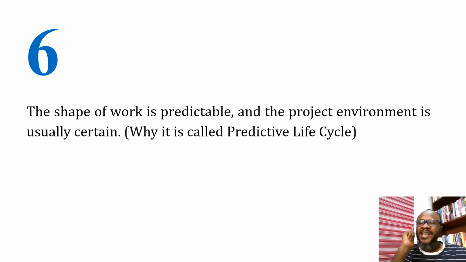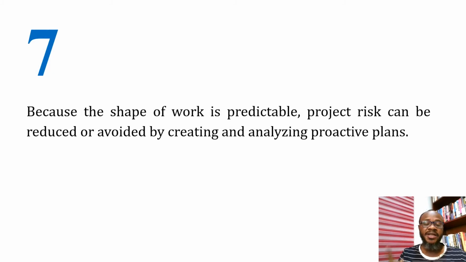Six, the shape of work is predictable and the project environment is usually certain. Why it is called predictive life cycle. Seven, because the shape of work is predictable, project risk can be reduced or avoided by creating and analyzing proactive plans.